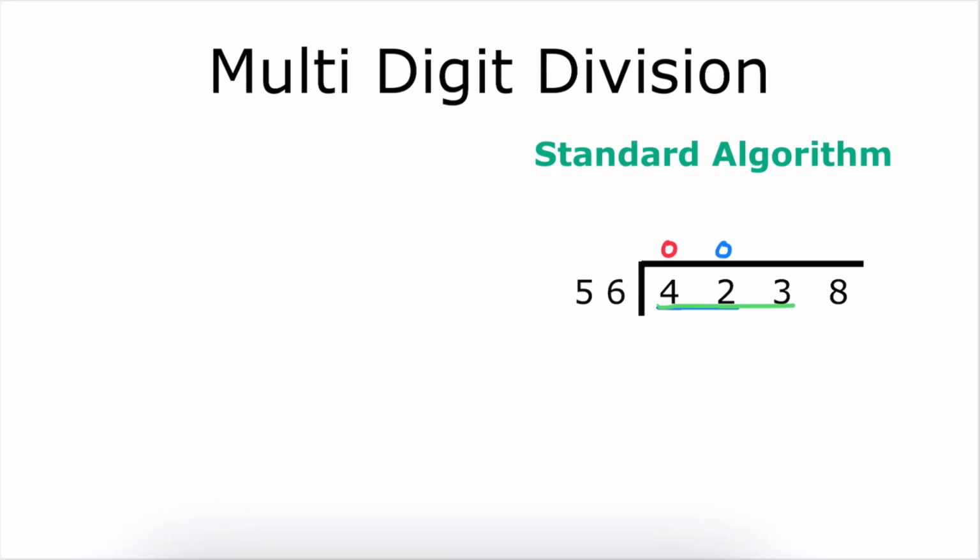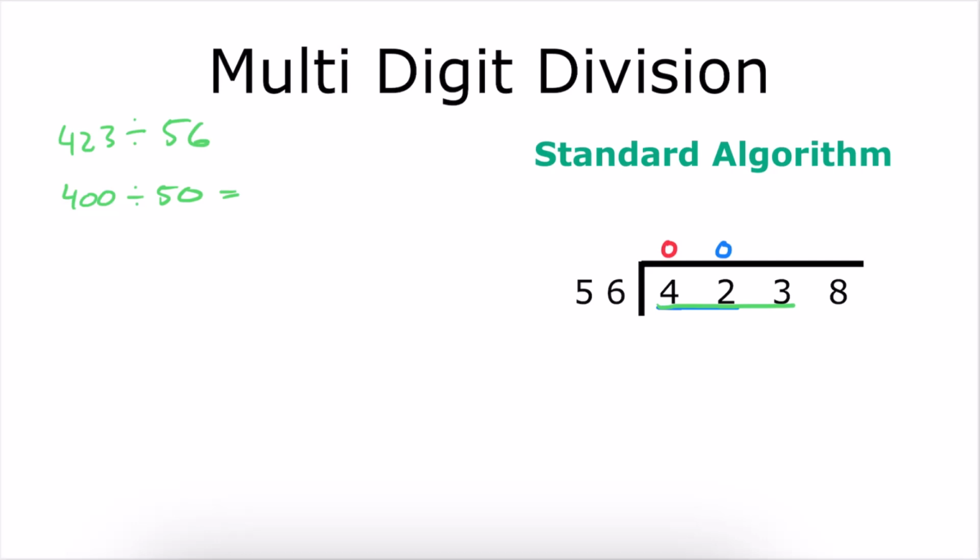So I may use an estimation tool and say, okay, well, ultimately I'm looking for 423 divided by 56, but maybe I could estimate this to be about 400 divided by 50, because that's way easier.